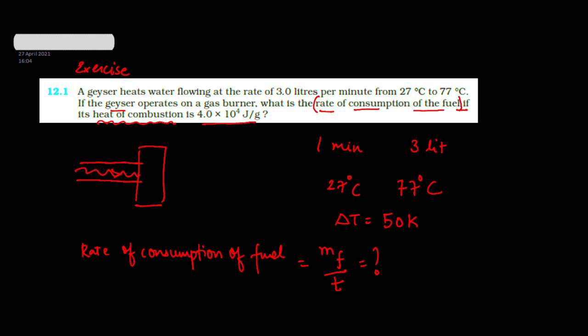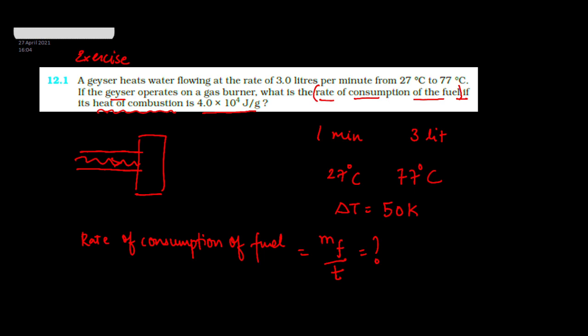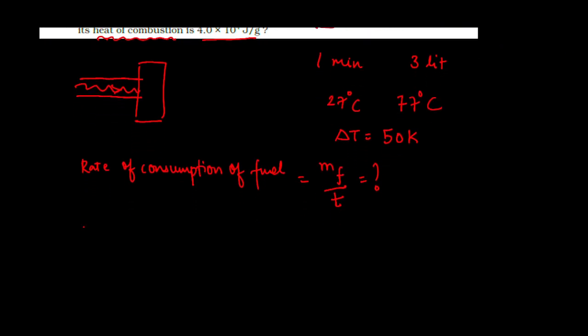Have you studied heat of combustion in chemistry? I believe you would know that what this means is that if 1 gram fuel is consumed, then that would give 4 into 10 raised to 4 joule heat.